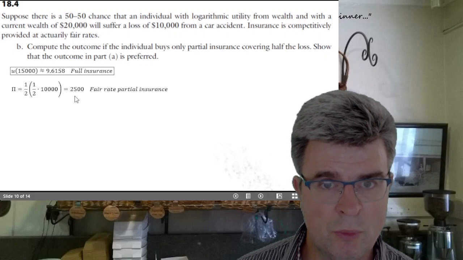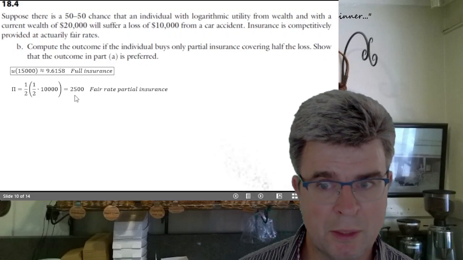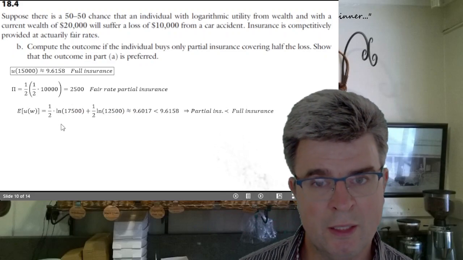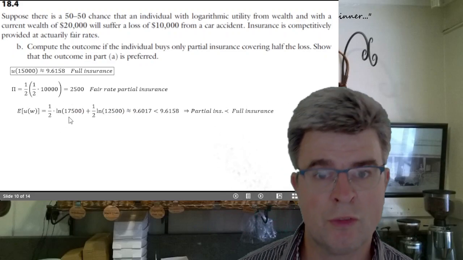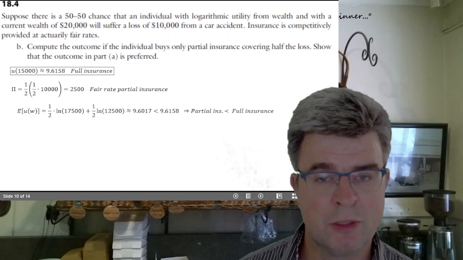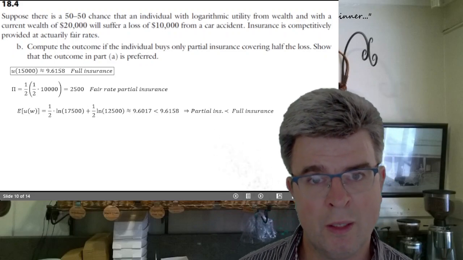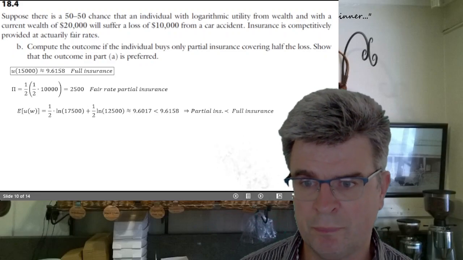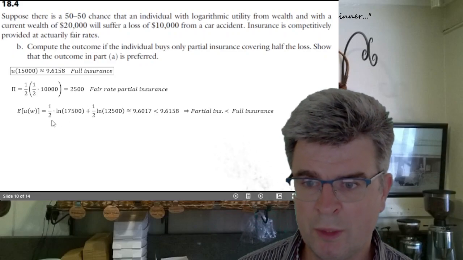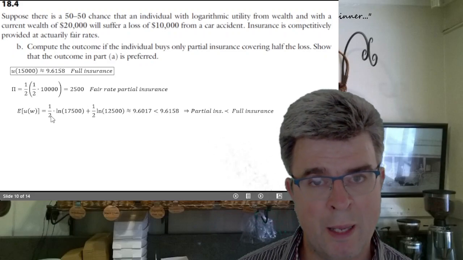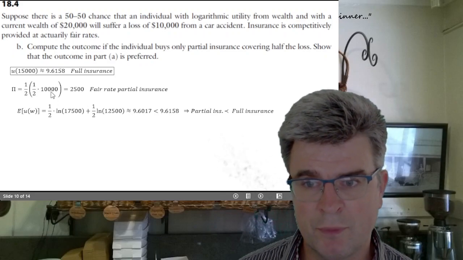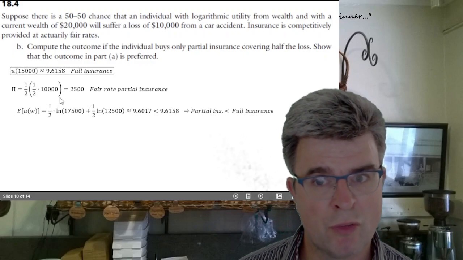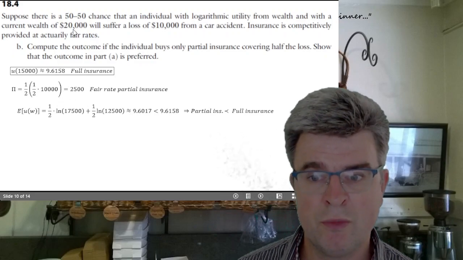And now we need to again compute the expected utility of the individual. The expected utility is the probability of each of the possible states of the world times the utility of the wealth that the individual will have in that particular state of the world. So with probability 1/2, no accident will happen, but the individual has paid a premium of 2,500 out of his initial wealth of 20,000.